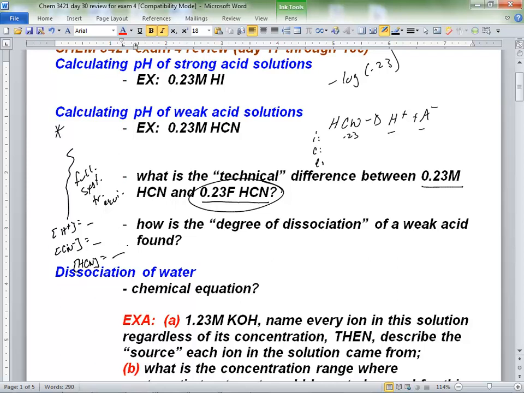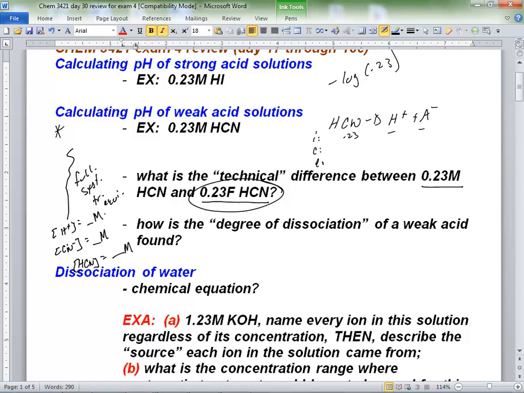Because you actually mean the concentration of hydrogen cyanide. Cyanide in this form is that molarity, that concentration. Okay? So that's what the book is kind of driving at. It's more of a terminology type of idea.